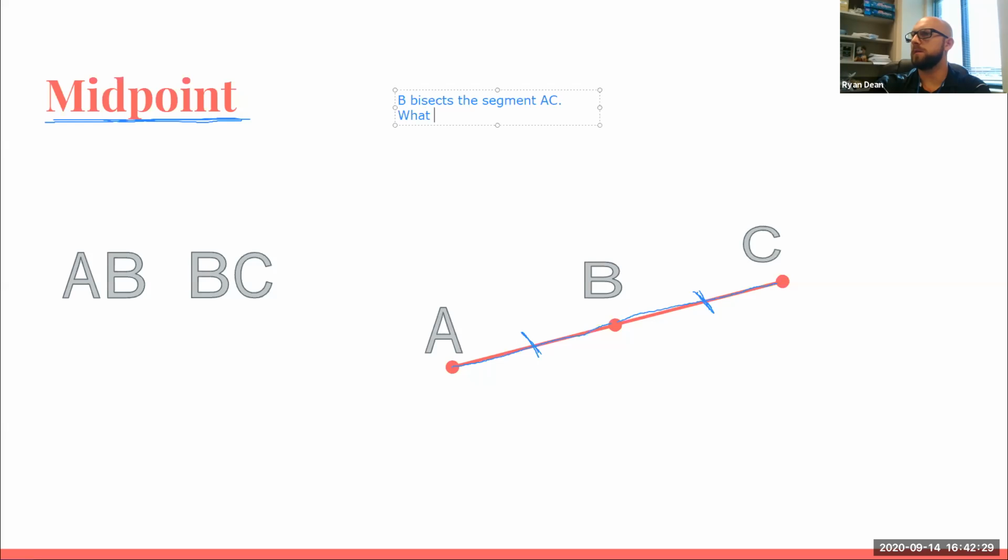And what this means is that when I go from point A to point B, it is the same distance as going from point B to point C.